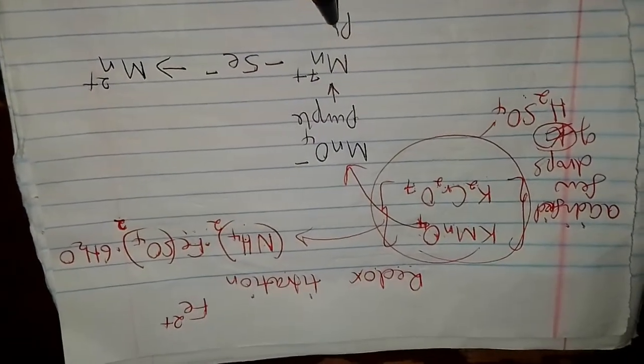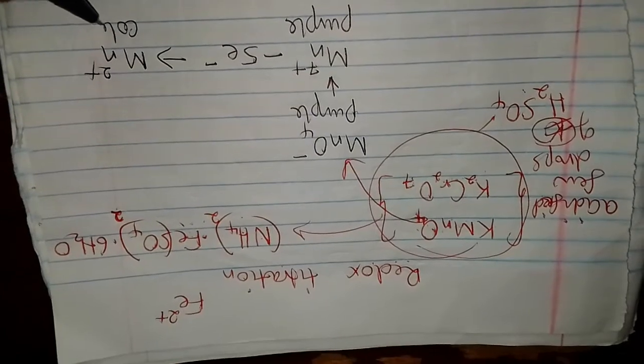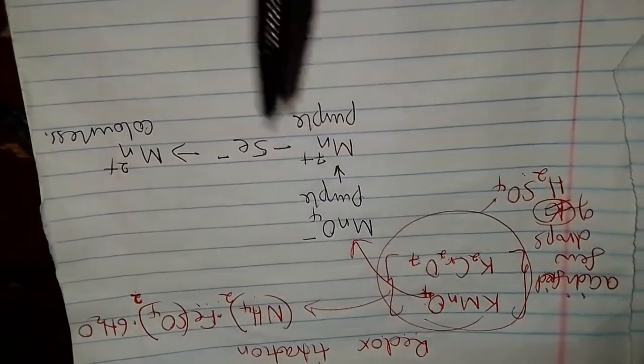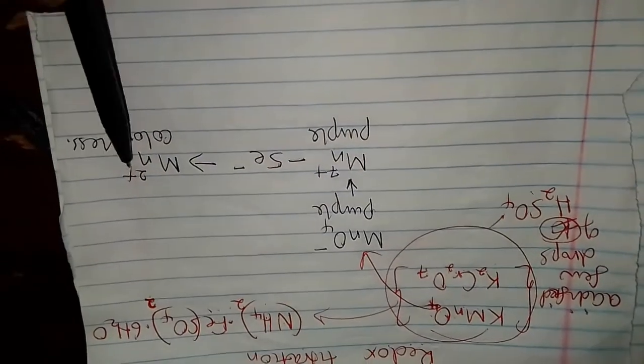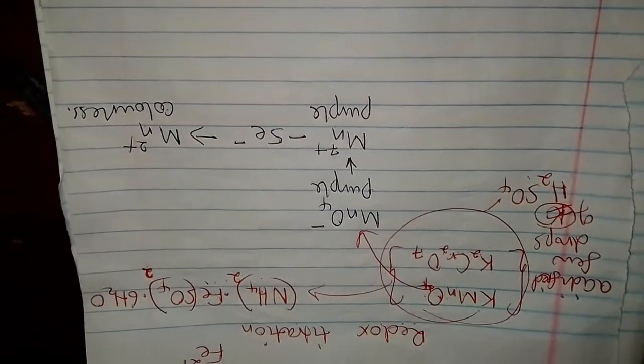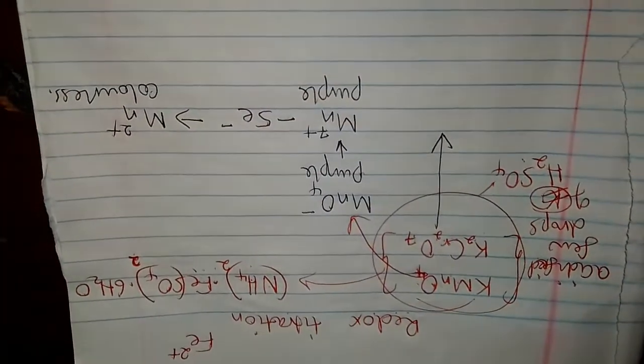So the purple manganate 7 ions are reduced to the colorless manganese 2 ions.